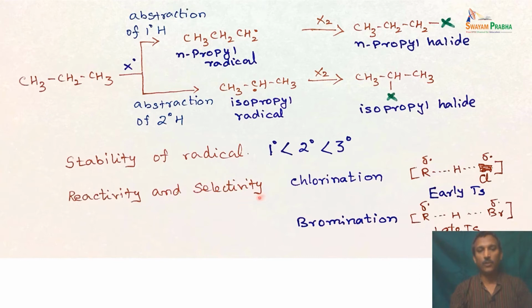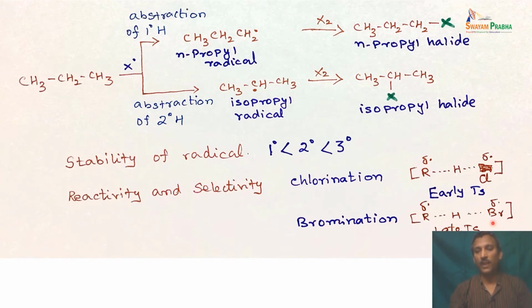And when we talk about the reactivity and the selectivity, we earlier saw chlorination gave roughly a 1:1 ratio of the products. This is because we have an early transition state as shown here, due to which the chlorination actually gives the 1:1 ratio, whereas in the case of bromination, we have a late transition state.